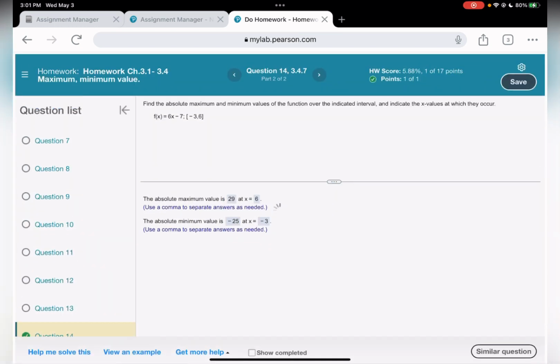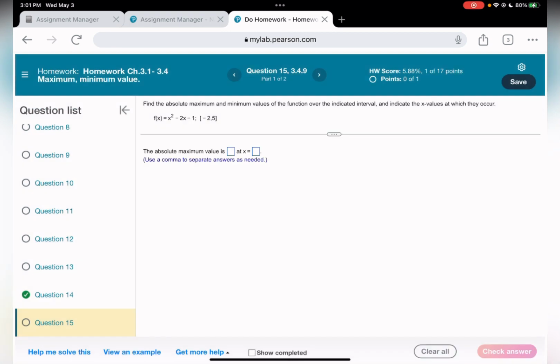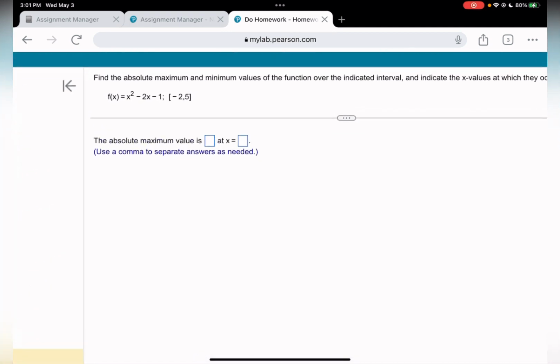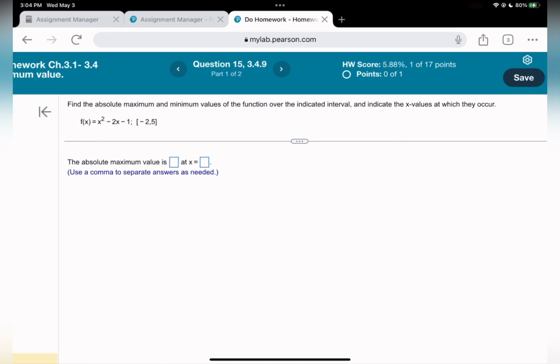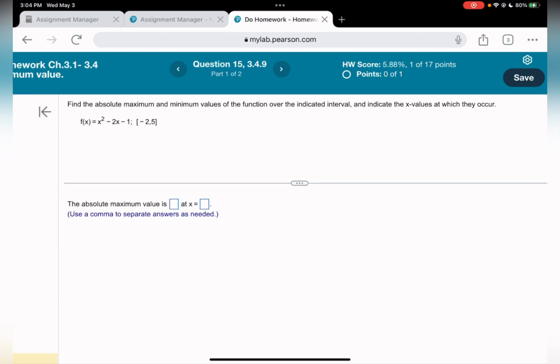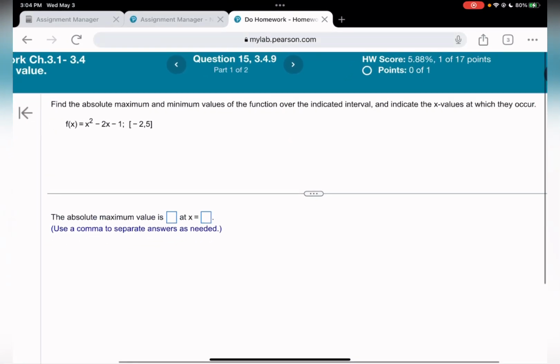Okay, moving to the next question. What do we have? Question number 15. So let's write down x squared minus 2x minus 1.